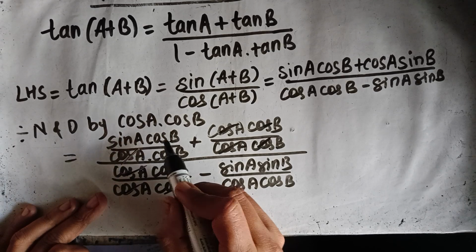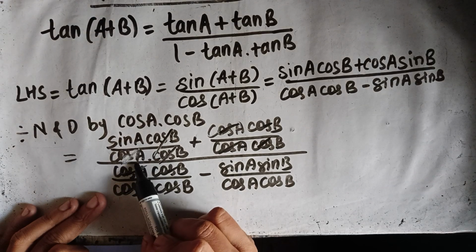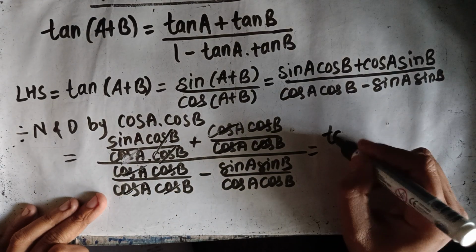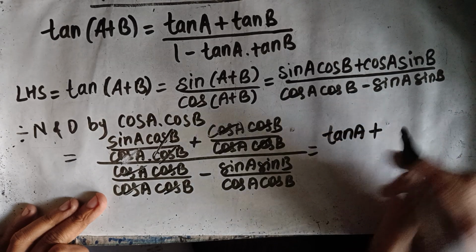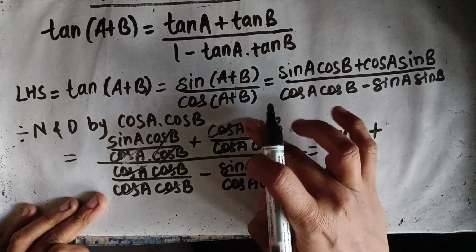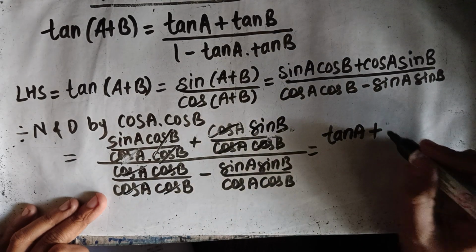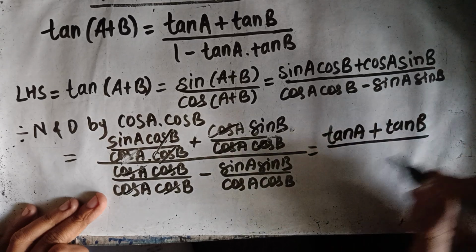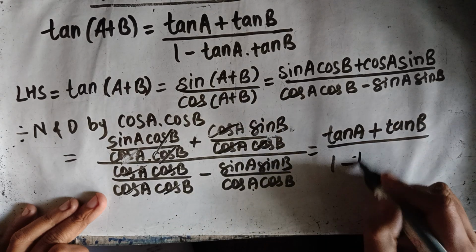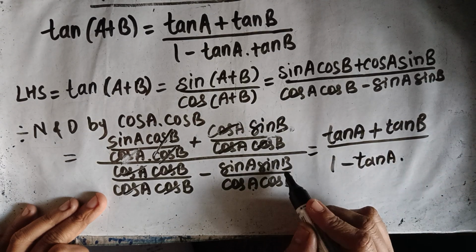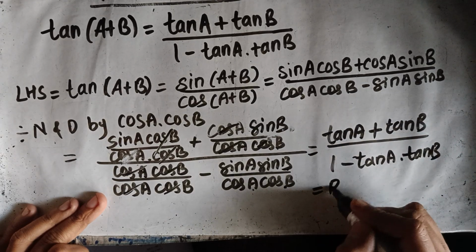Also this, cos B cos B. So sin A upon cos A is tan A. Plus here, this is not getting cancelled. Sorry, this is sin B, right? So sin B upon cos B is tan B upon 1 minus sin A upon cos A, tan A, into sin B upon cos B, tan B. So this is our RHS.